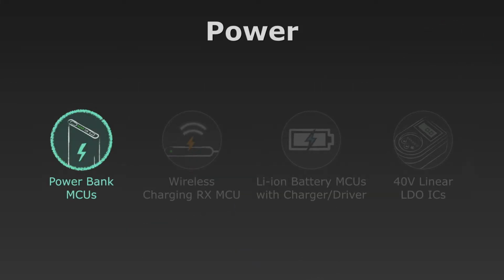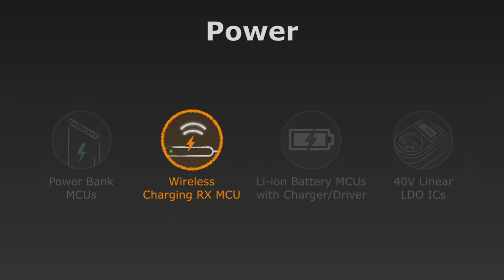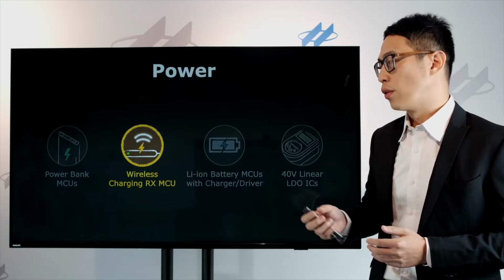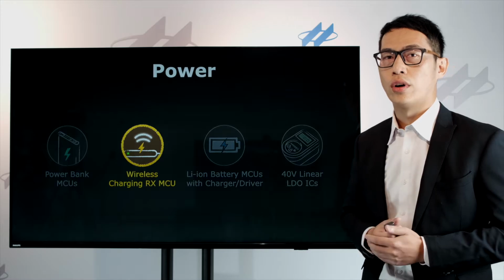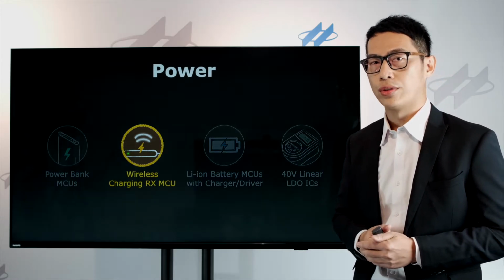And the next one is the wireless charging receiver microcontroller. Holtek already has the wireless charging transmitter microcontroller. Because we get many inquiries from our customers, that's why we released the wireless charging receiver microcontroller. Now Holtek can provide a pair of wireless charger solutions, transmitter and receiver.